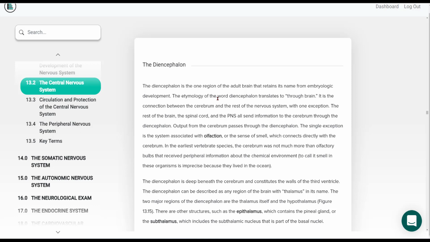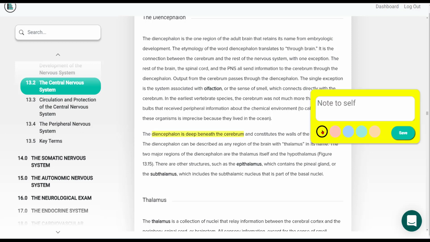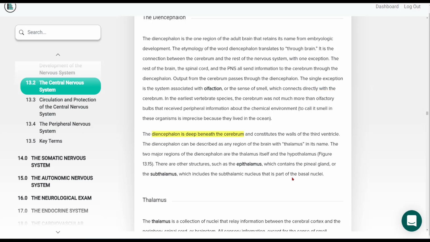Those were all in the telencephalon, or in the cerebrum. Subcortical. Now we're going to go down into that pit, the core, the center of the brain. And this is the diencephalon. The diencephalon is deep to the cerebrum, and it contains three parts.